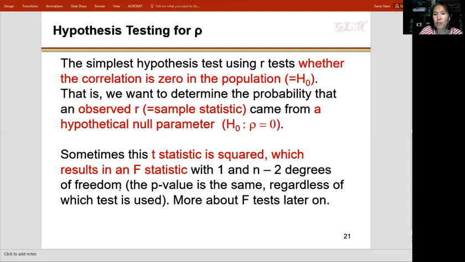The 1 is the number of predictors, since we are doing this in simple regression, and then n minus 2, where n is the sample size. So degree of freedom 1, degree of freedom 2.